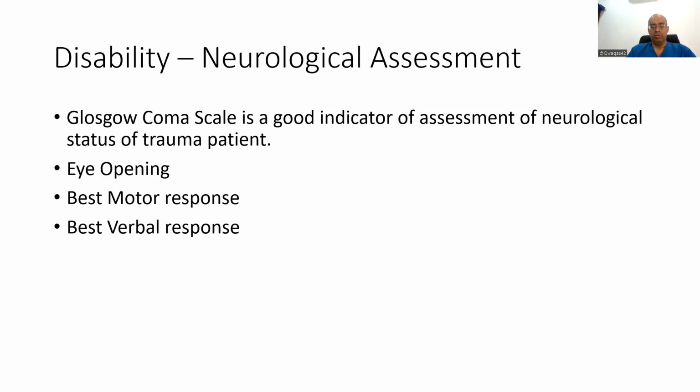We go through the Glasgow Coma Scale, so we have to check the eye opening of the patient, the best motor response, and the best verbal response. Normally it has a score of 15, and in head trauma, the score is reduced. Any patient who has a score of 8 or less is going to require an airway or endotracheal tube. Later, the assessment for head trauma can be done with investigations, but in the primary survey, you only do the assessment and do not do the other investigations for head trauma.